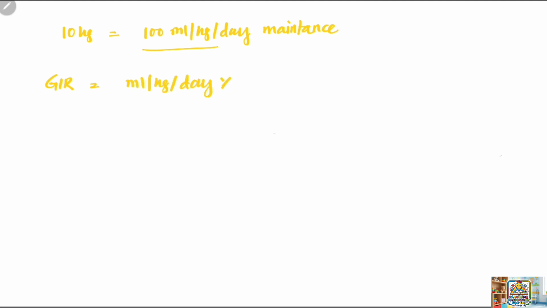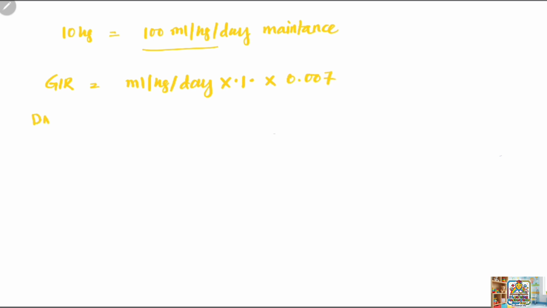For a 10 kg child, we are giving maintenance fluid of 100 ml per kg per day. So how much GIR are we giving as a maintenance fluid? Ml per kg per day into concentration of fluid into 0.007.